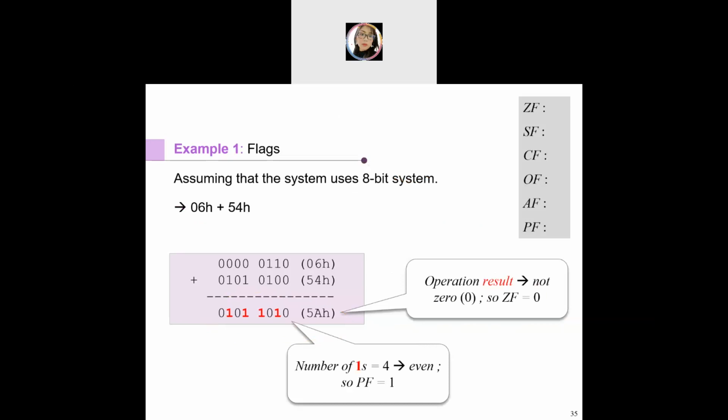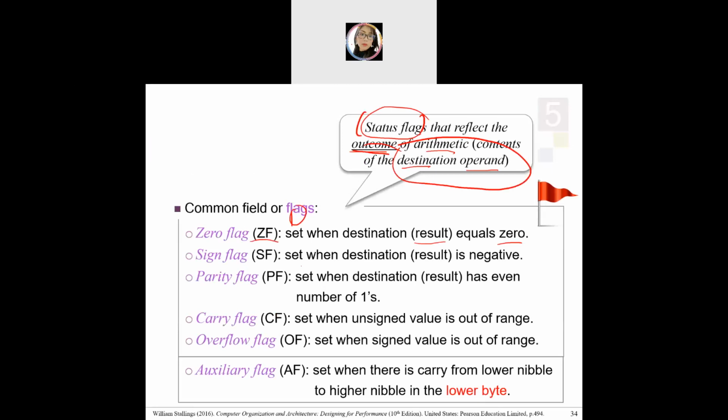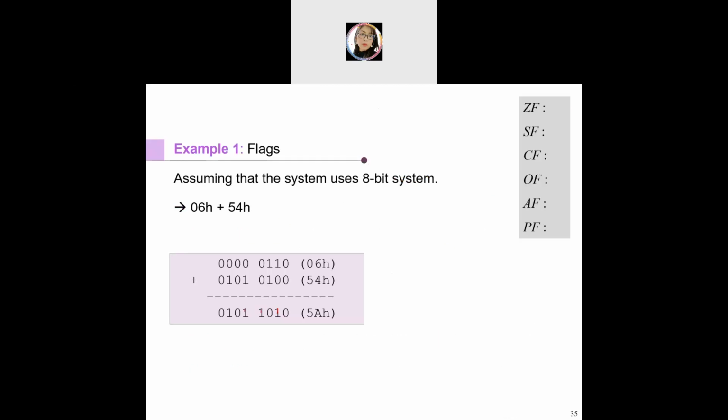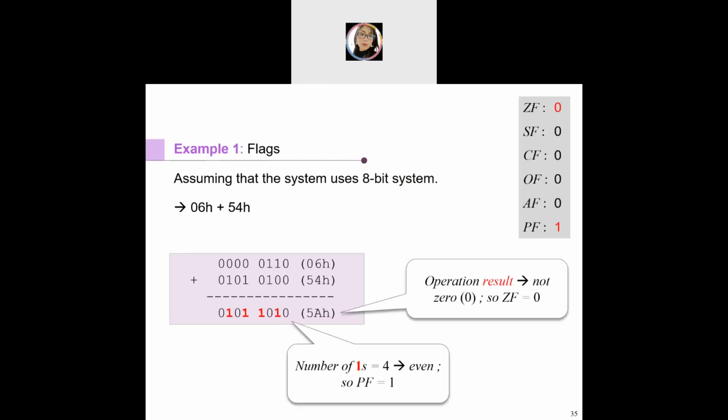And you can see, calculate the value of 1. It is for the parity flag. You need to calculate whether it is even or odd. How many digit 1 are available? So the number of digit 1 is equal to 4. So it is even.